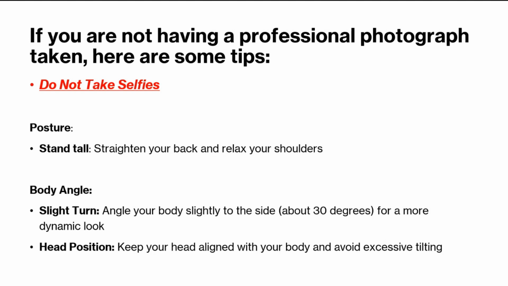If I can go through some pointers. Stand tall in your photograph, straighten your back and relax your shoulders, and slightly angle your body for a more dynamic look. I'll show you an example of what I mean.